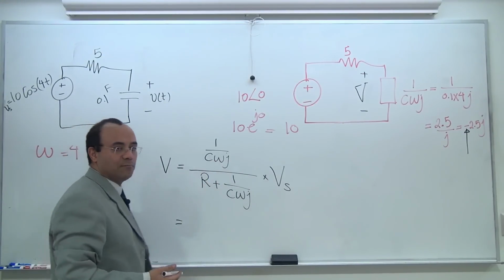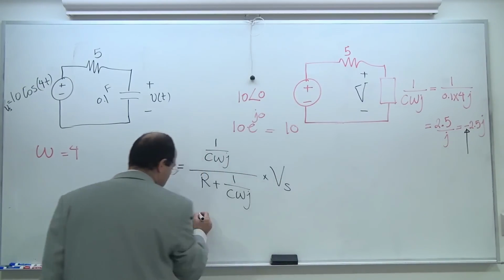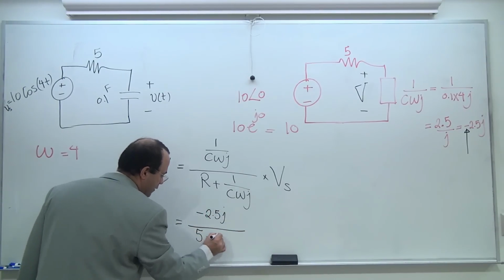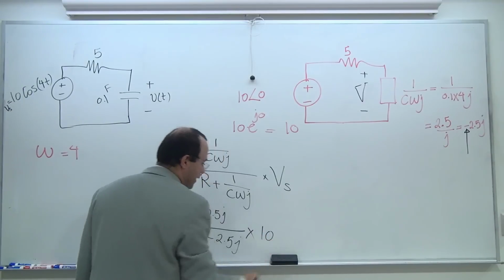Actually, I just wrote it parametrically, but you don't have to. This is minus 2.5j divided by 5 minus 2.5j times incoming signal, which is 10.